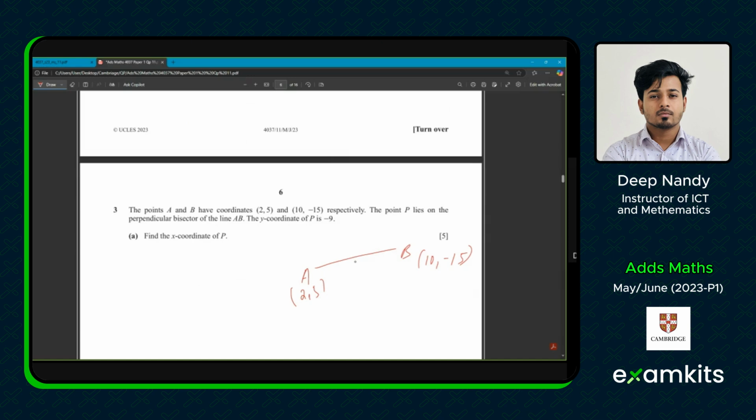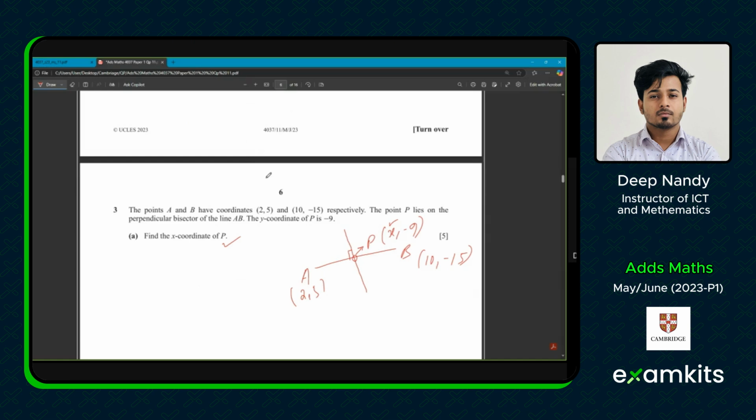The point P lies on the perpendicular bisector, with y equals minus 9 and an unknown x coordinate. We have to find the unknown coordinate of x.